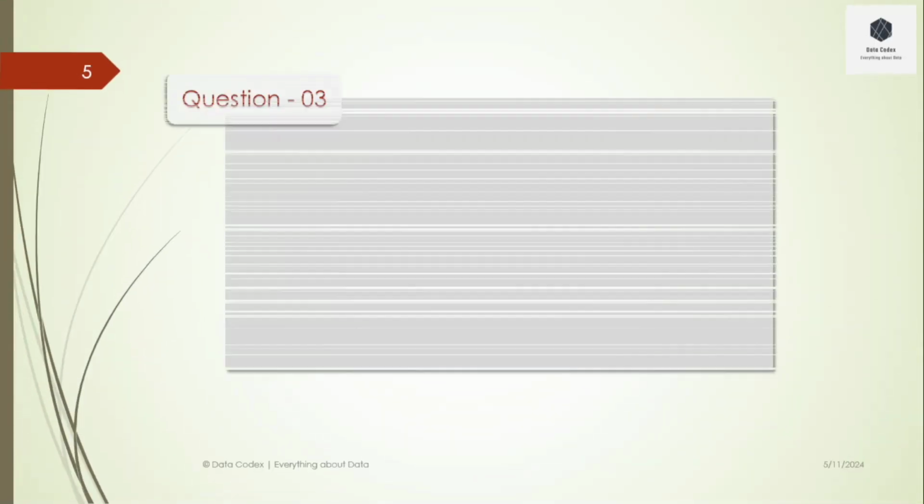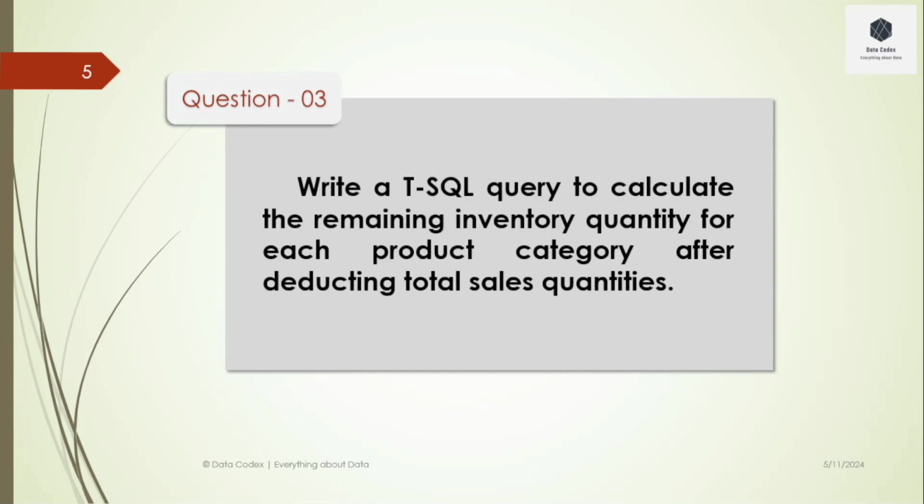Finally, in the third question, we are going to write a T-SQL query to calculate the remaining inventory quantity for each product category after deducting total sales quantities. We have a certain amount of quantities in our product table. From that, we have processed some transactions in the sales transaction table.